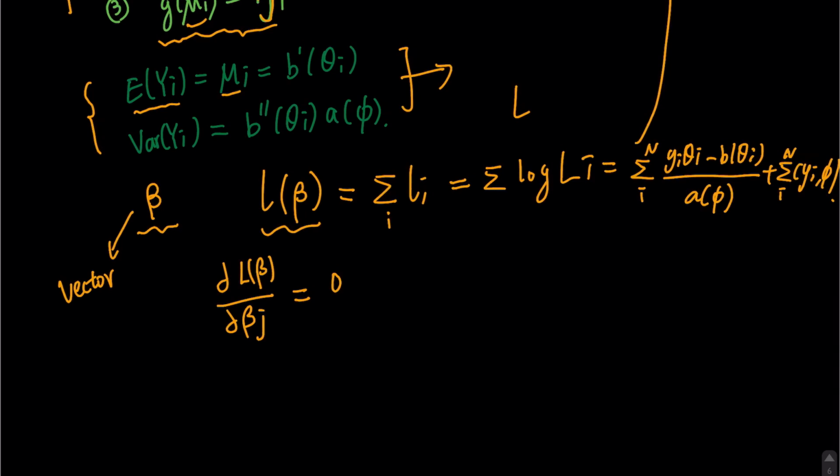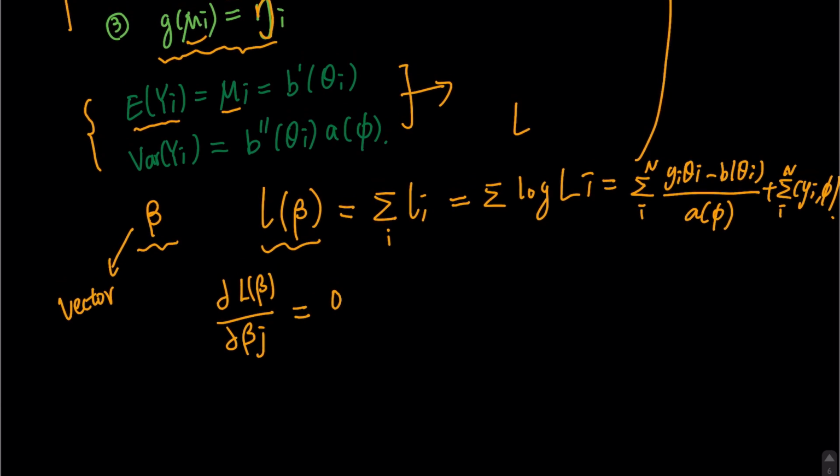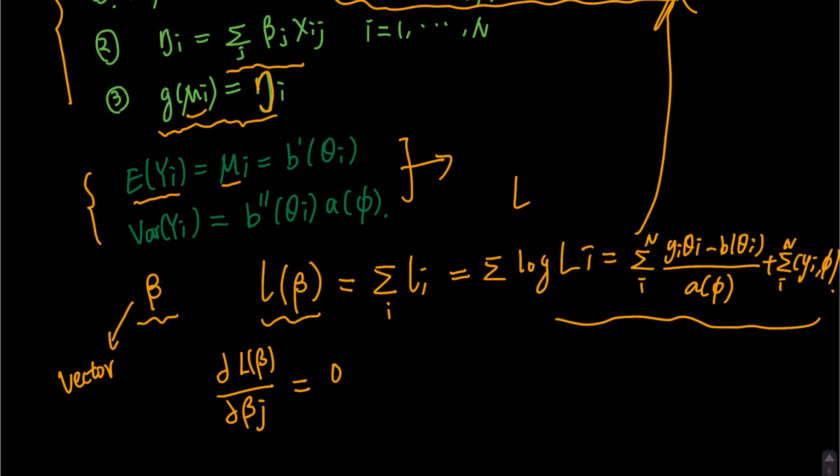A natural question you might have is, well, I don't see a beta in my likelihood function. How can I take the derivative? Remember, in a generalized linear model, beta naturally exists in the systematic part. However, we use a link function that connects the systematic part, which contains the beta, with the random part.